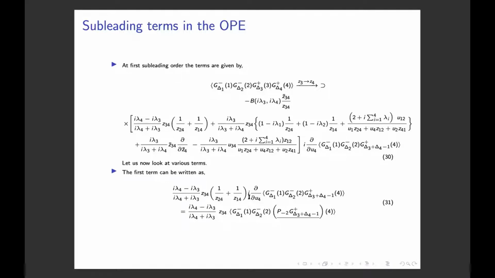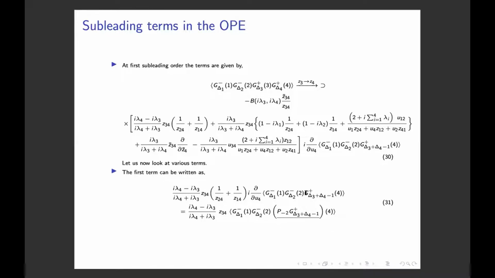Yeah, so for the time being, let's just think of it as some symbol, whose only property is that if p minus 2 acts on g plus, and if you compute this three-point function g delta 1, g delta 2, and p minus 2 g delta 3 plus delta 4 minus 1, then that can be written as 1 over z24 plus 1 over z14 into I del del u4 acting on the three-point function g delta 1, g delta 2, g delta 3 plus delta 4 minus 1.